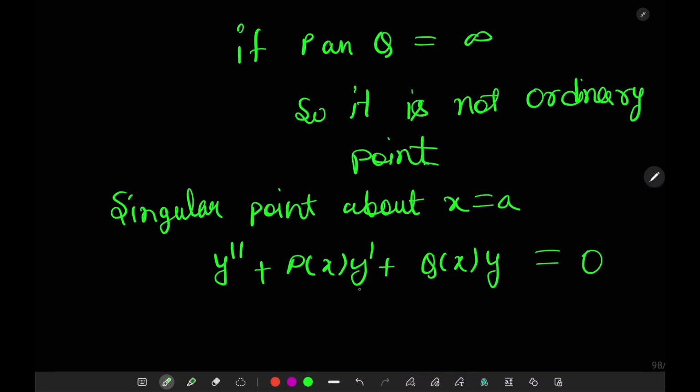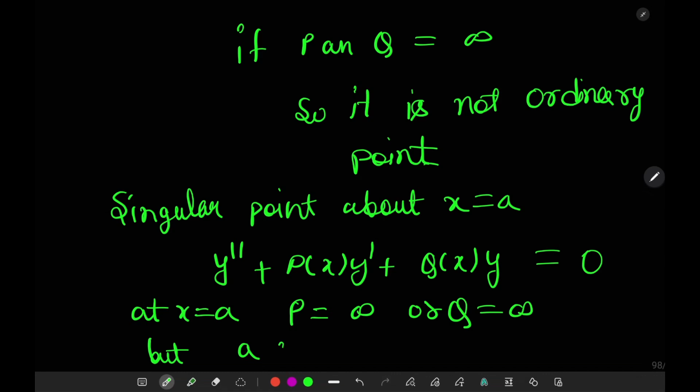If P and Q are not analytic, meaning at x equal to a, P equals infinity, or P and Q equal infinity, then it is not an ordinary point but a singular point.